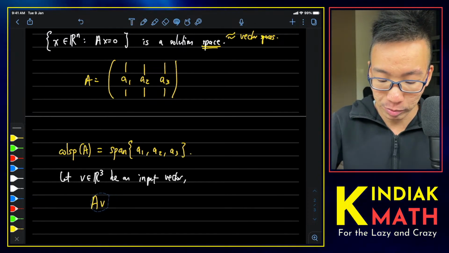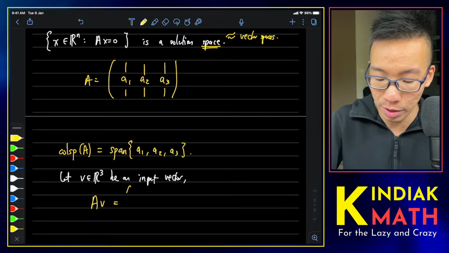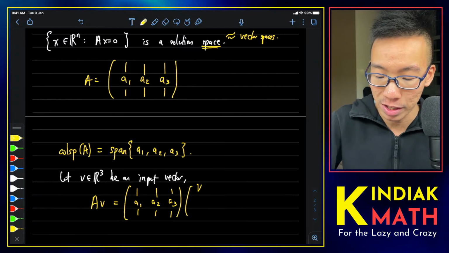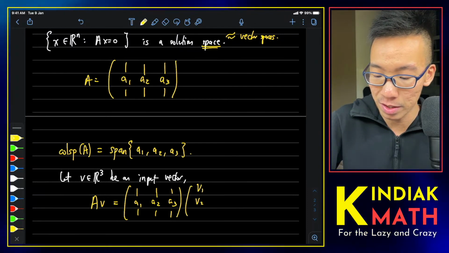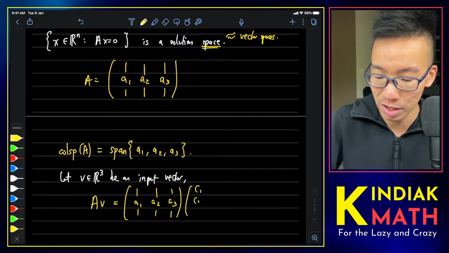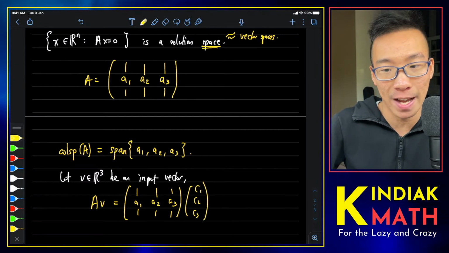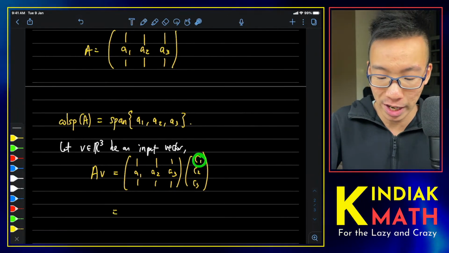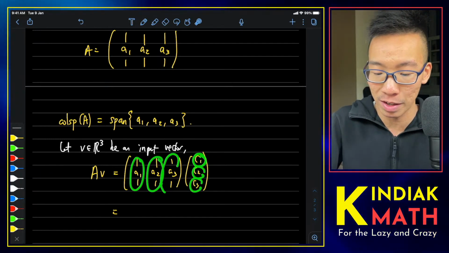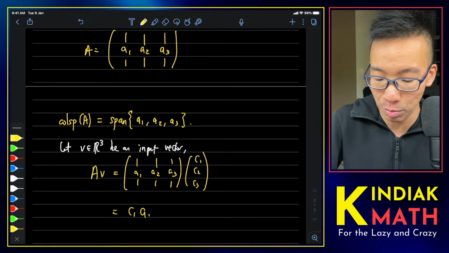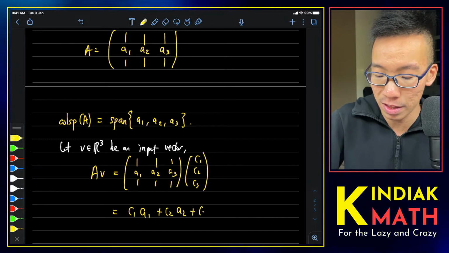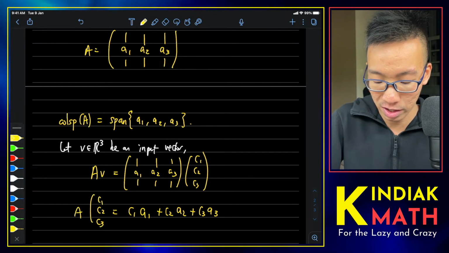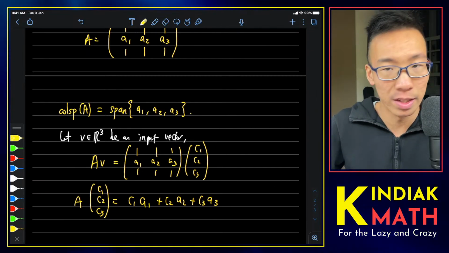Well, the outcome of Av is going to be, with columns A1, A2, A3 and v given by these coordinates, let's call them C1, C2, and C3. Using the recipes idea, when we take C1 amount of A1s and C2 amount of A2s and C3 amounts of A3s, we get C1A1 plus C2A2 plus C3A3. So in other words, A of this vector is given by this linear combination.